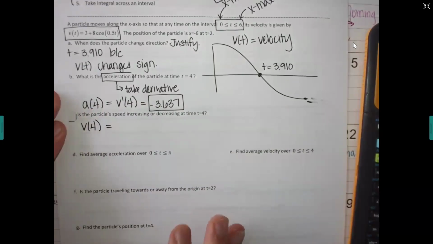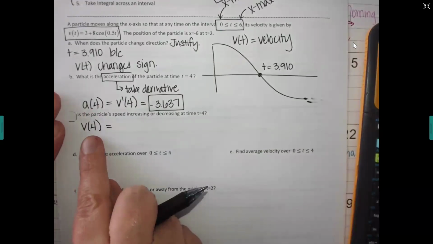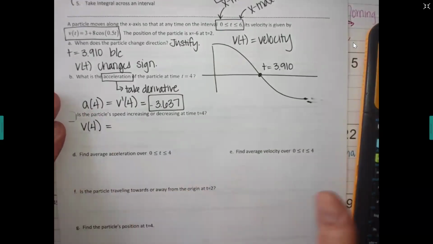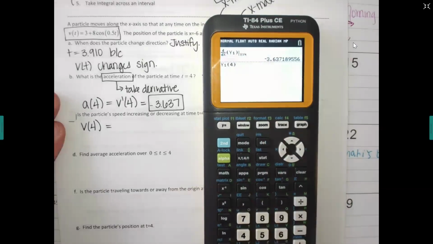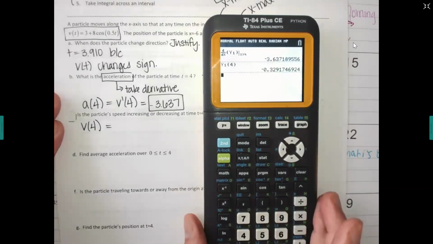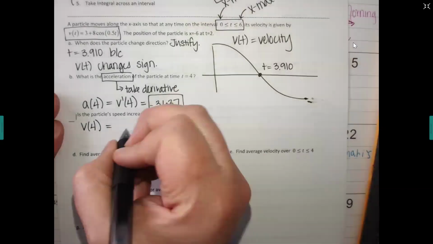And you have 2 places you can get the y value. If it's a whole number, you can just look at the chart, but you should also know on your home screen that you can just do that to get your y value. So regular y1, tell it to plug in a 4 for you. And I got negative 0.329.